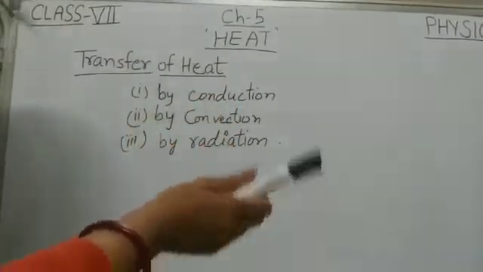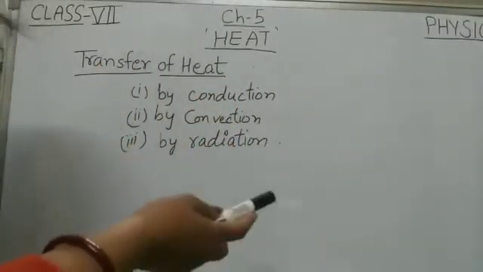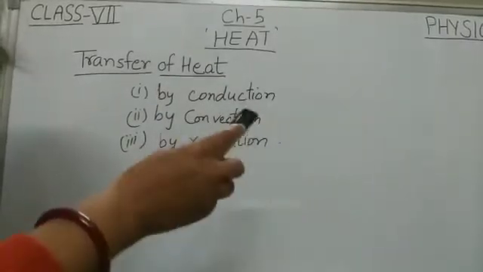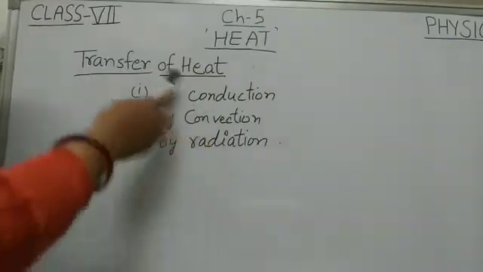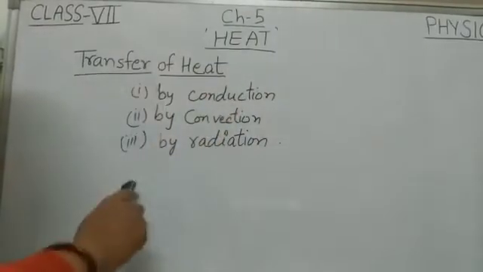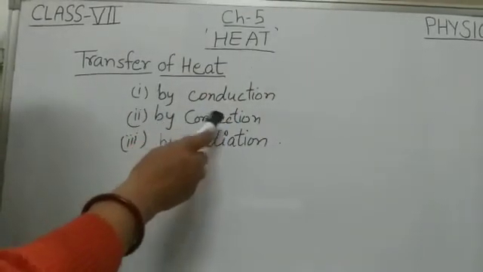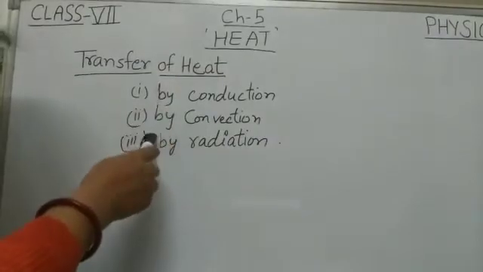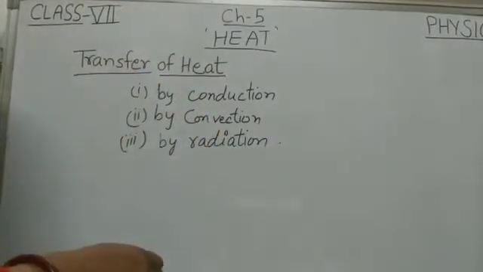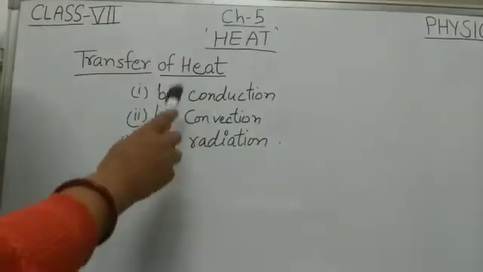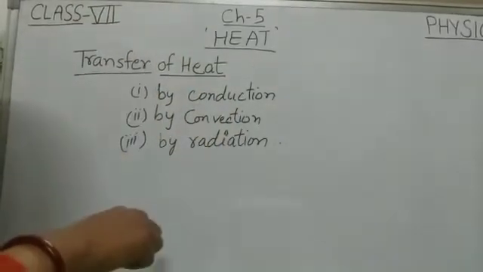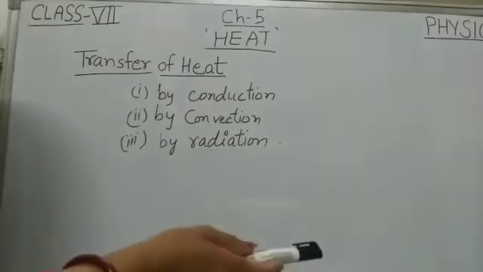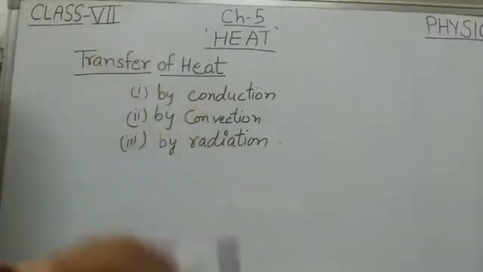Clear? Now, heat can be transferred from a hot object to a cold object in three different ways. First one by conduction, second by convection, and third one by radiation. In solids, heat is transferred by conduction. In liquids and gases, heat is transferred by convection.